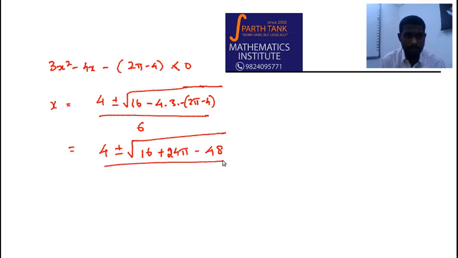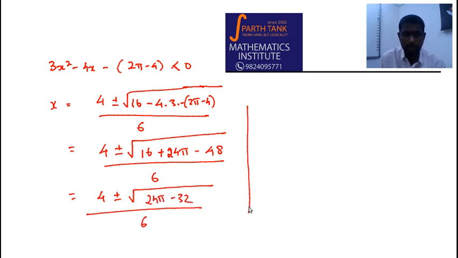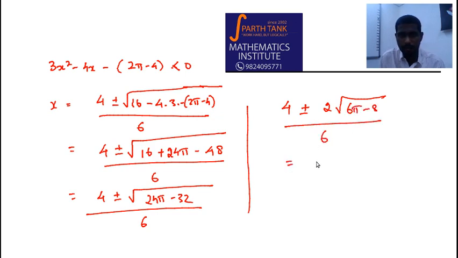So this becomes 4 plus or minus square root of 24 pi minus 32 by 6. If I take 4 common from inside, I get 2 outside, and this becomes 6 pi minus 8 by 6. Cancelling 2 from the numerator and the denominator, I get the roots.